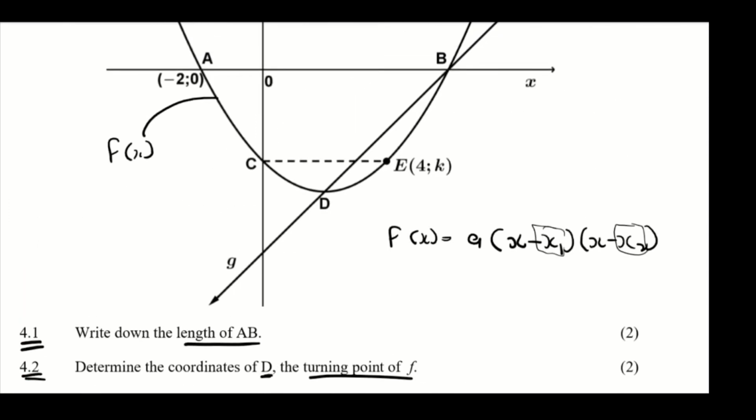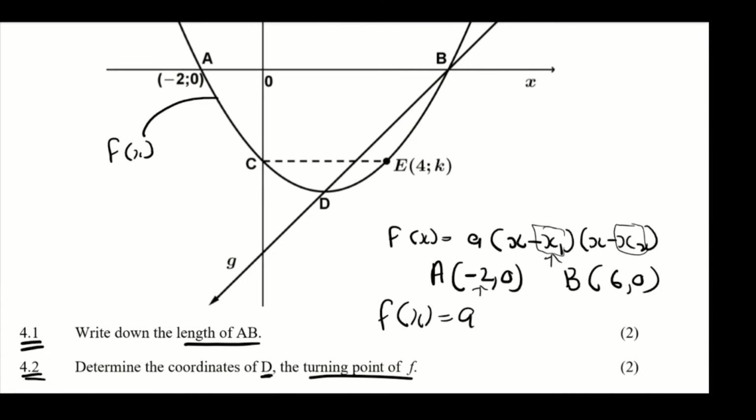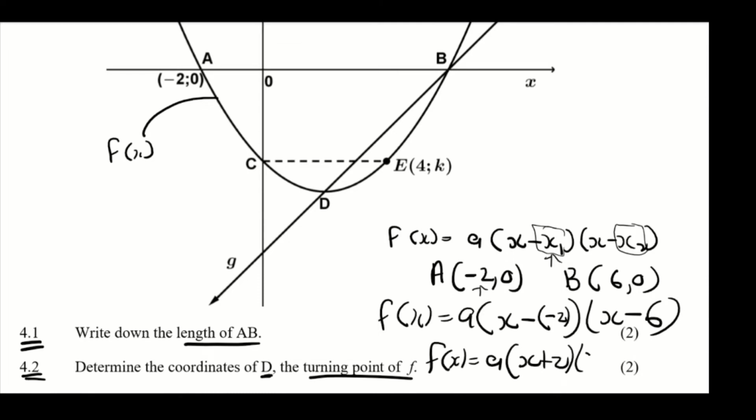So we know that the x-intercepts are the points A and B. So A is minus 2 and 0, B we found to be 6 and 0 from the previous questions. And now we're going to substitute the x-intercepts where there's x1 and x2. So f of x equals a into x minus minus 2, x minus 6, right? So f of x is equal to a into x plus 2, x minus 6, right?